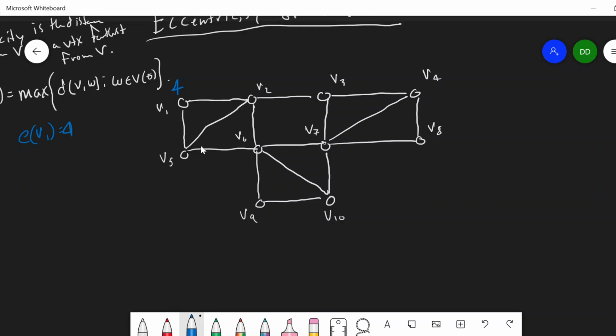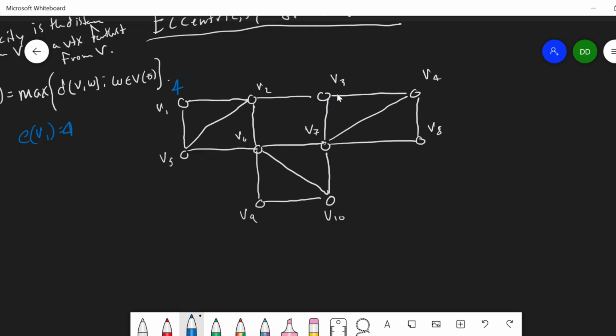And I'm going to look at V2 and V5. I'll look at V2 first. Again, I want to do the same thing. I want to look at the distance between V2 and any other vertex in the graph. The distance between V2 and V10 is 2. It's 2 between V2 and V7, 1 between these, 1 between those. Here's 1, 1, 2, 3.